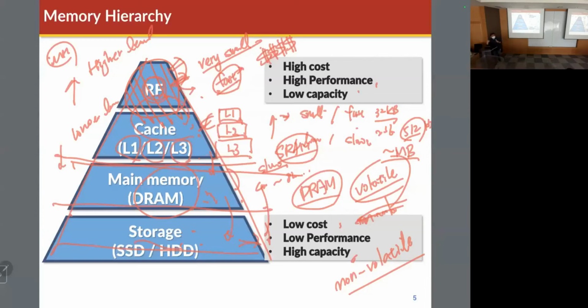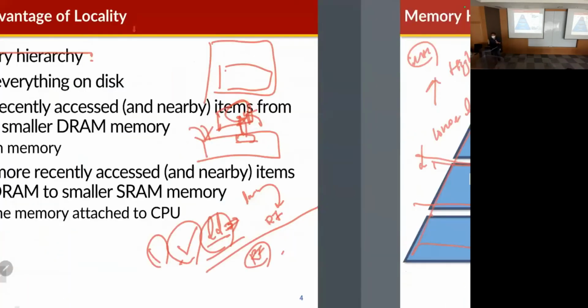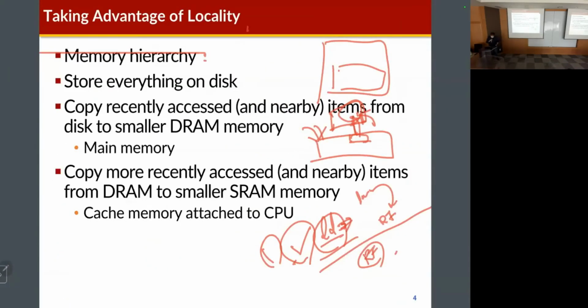So what's the benefit? We assume that when the load instruction is executed, it can read data from the data memory within one clock period. That's our assumption. This assumption is actually not true.